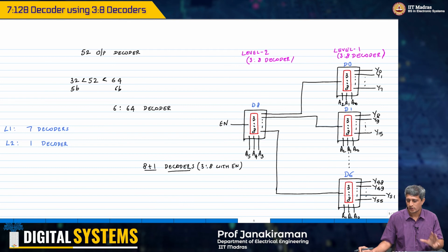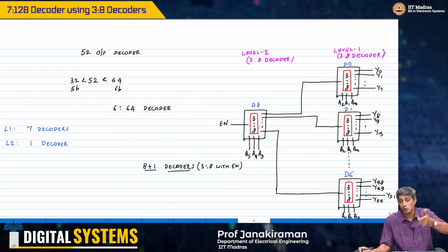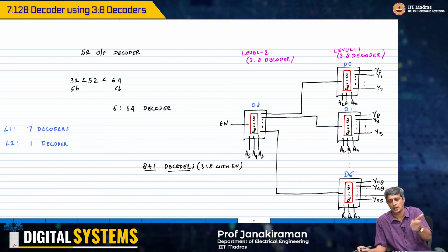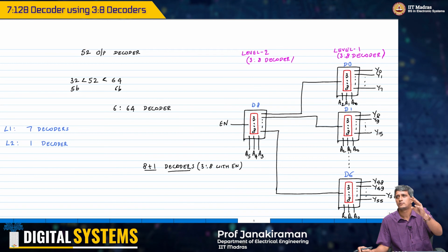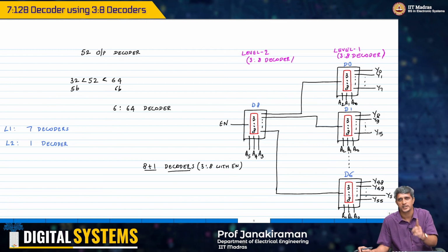You must remember that just because we are thinking in terms of powers of 2, the hardware need not always scale in powers of 2. Like here we are able to leave it out. For example, even if you wanted a 34 output decoder, again, 34 is greater than 32 but less than 64, so you need 6 bits.